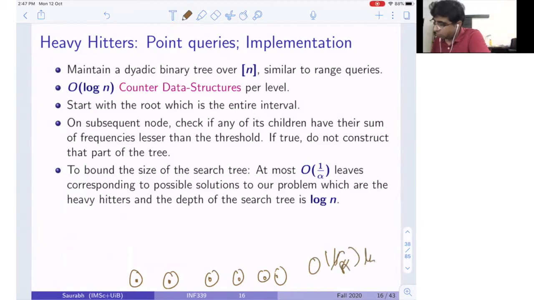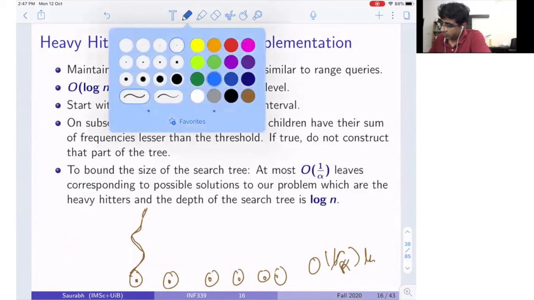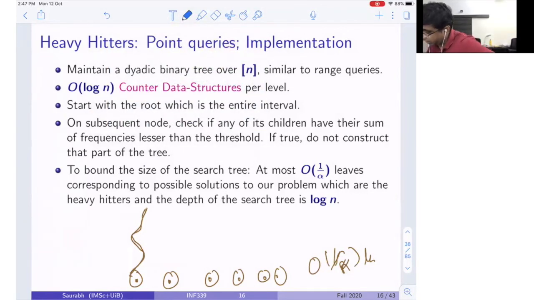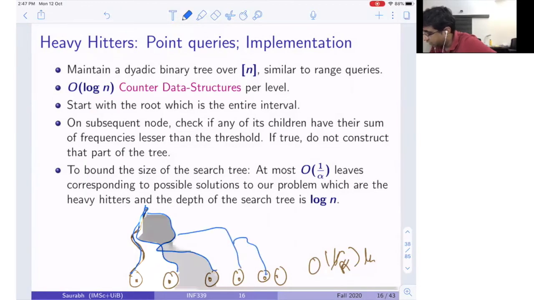So basically, what are you constructing? You're constructing the tree or subtree of the heavy hitters, and the depth of this tree is roughly log n, right? Maybe like this. So this is the part of the tree you are constructing.